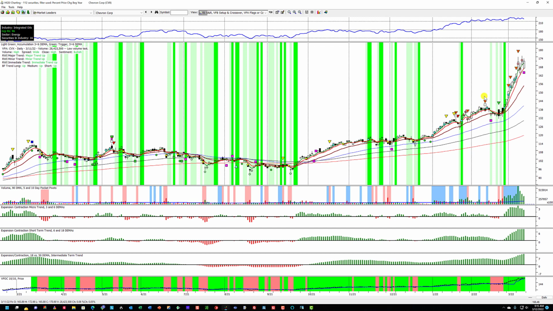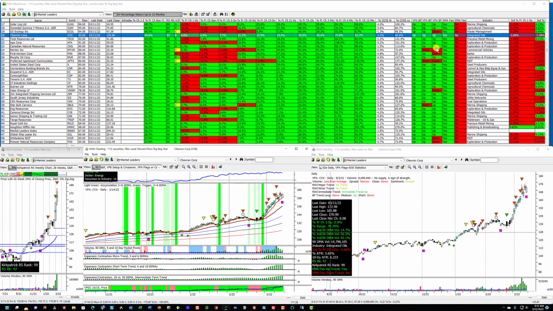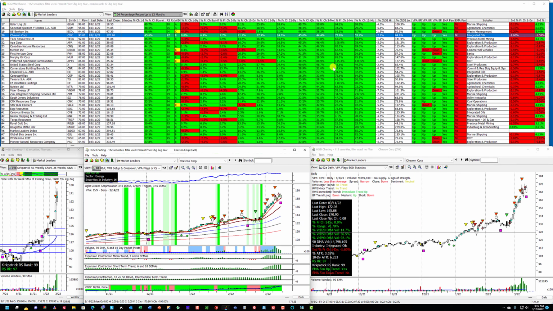Once again, going back to this undercut and rally chart. Here's a nice move here, pulled back, accumulation days, crossover, accumulation days, crossover, and it's made this huge run. Anyway, these stocks all have shown up multiple times over this period.